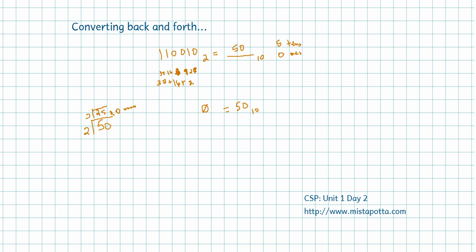If I divide by 2 again, that's going to tell me how many 4's there are. So I'm going to have 12 4's in 50, but with a remainder of 1, because 2 goes into 25 12 times with a remainder of 1. And this means I have 1 2 hiding in that value. So my 2's place digit will be a 1.